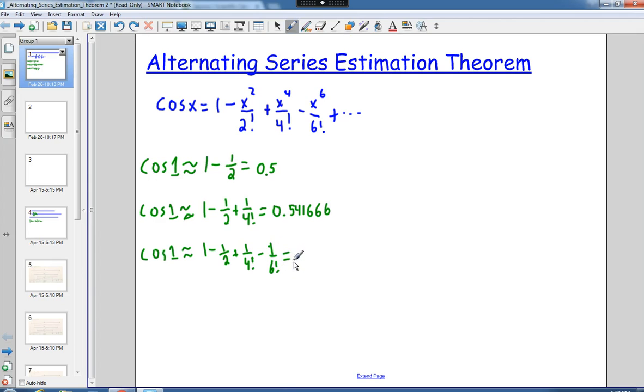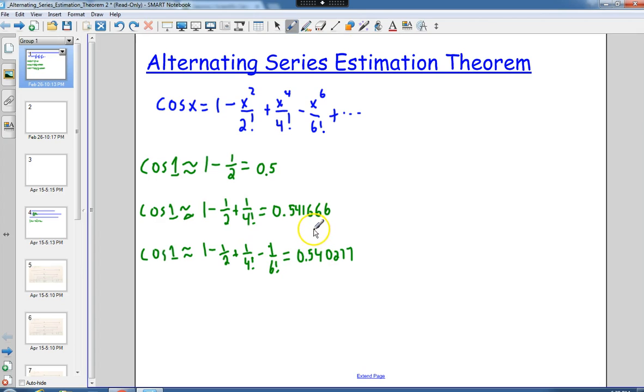And that is equal to 0.54027, and then we're going to get repeating decimals. All right, now these are partial sums: the sum of the first two terms, the sum of the first three terms, the sum of the first four terms.